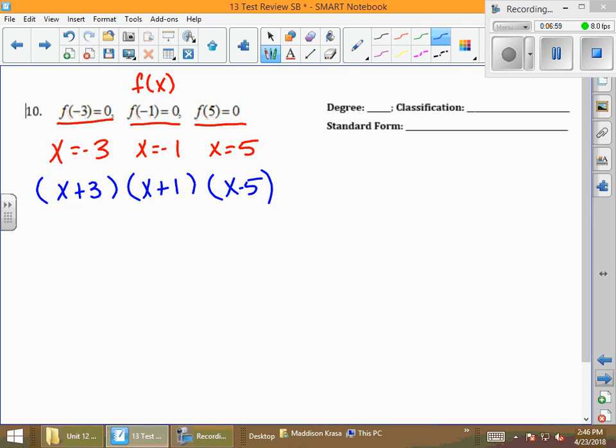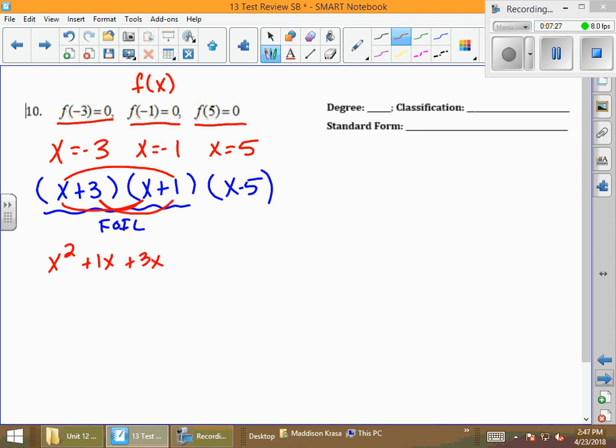Now, for here, this is a little bit different than the last one. We have 3 parentheses going on. So we're just going to start with the first 2 parentheses, and we're going to FOIL those guys. So here we'd have x times x is x squared. x times 1 is 1x. 3 times x is 3x.